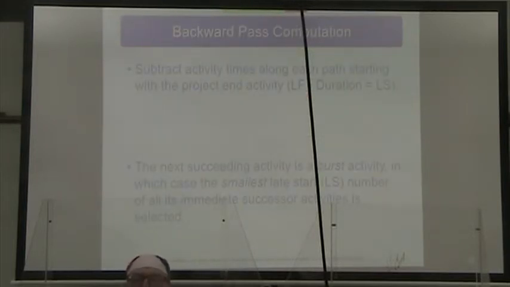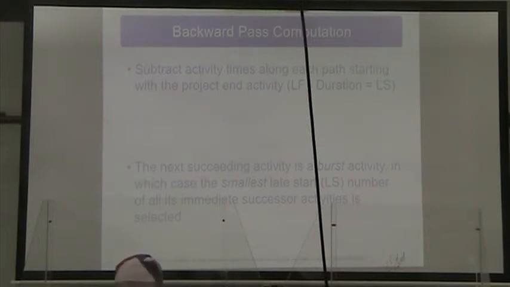For the backward pass, we're subtracting our activity times on each path, starting with the project end activity, where the late finish minus the duration equals the late start. If the next succeeding activity is a burst activity, then we use the smallest late start number of all its successor activities.